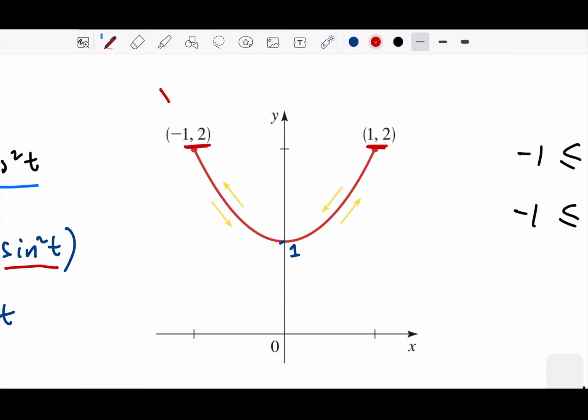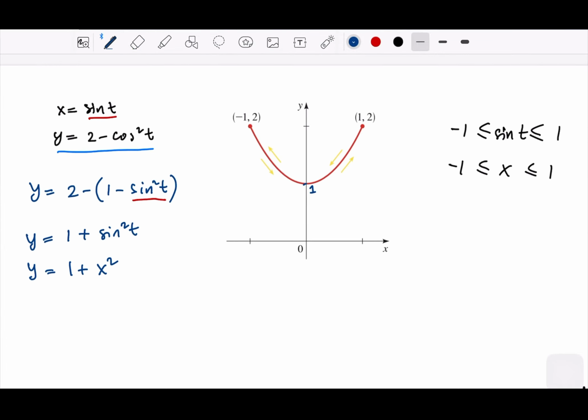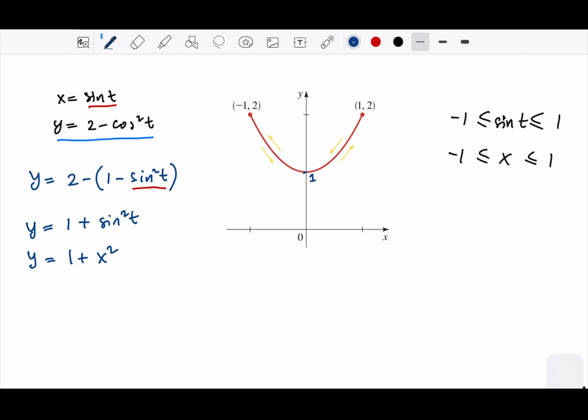Okay? So this part will not be possible. So let me erase this. And since sine is periodic, we have this arrow, the yellow direction here. It can be going forward, backward, forwards, backwards, like that. Okay.